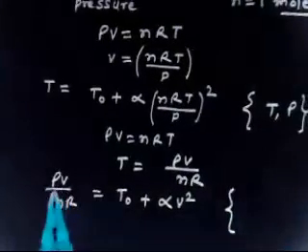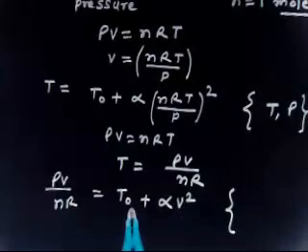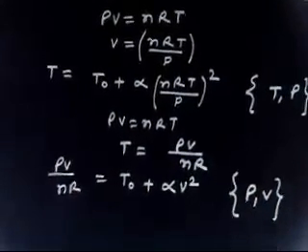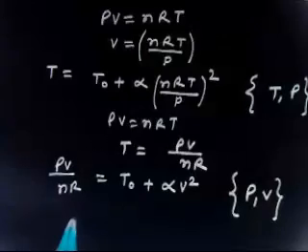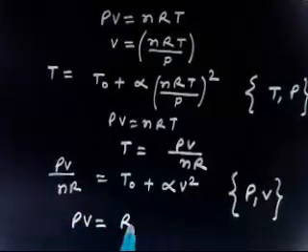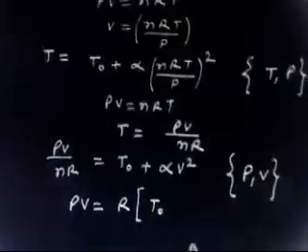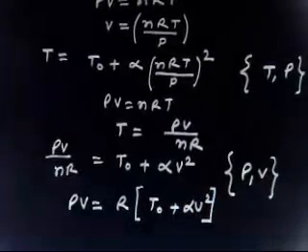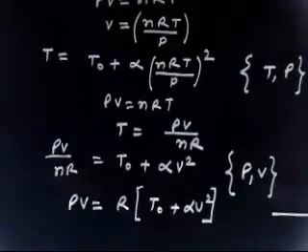Now this equation is in terms of P and V. Since the number of moles is 1, I can write PV equals R times (T naught plus alpha V squared). This is another form of the same thing.